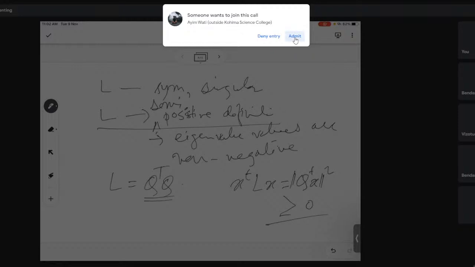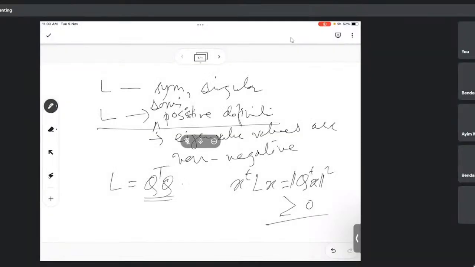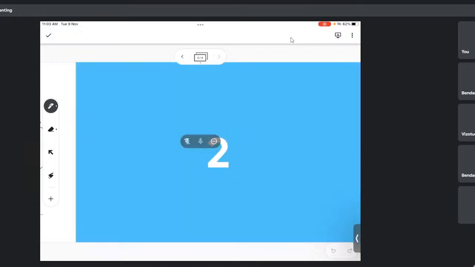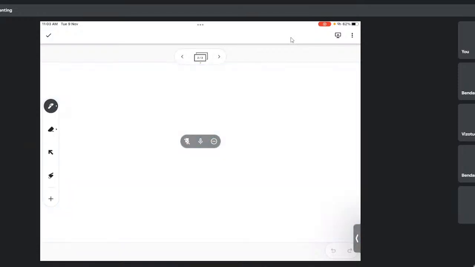Now all the eigenvalues are non-negative, and we have a matrix with real eigenvalues, and I know the lowest eigenvalue, that is the 0 eigenvalue. So I can list the eigenvalues of L as 0, lambda 2, lambda 3, and so on, if we have n vertices.